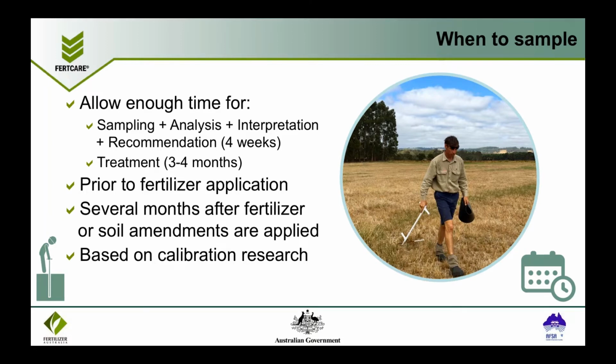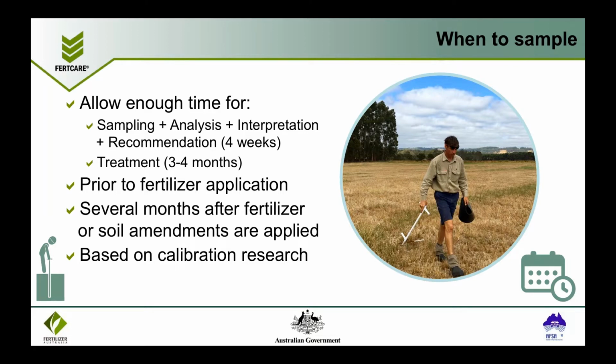Also, if you're looking to assess the effect of some sort of treatment, you may have to sample well in advance of wanting to see those treatment effects, and there may be a 3 to 4 month window to account for those sorts of effects to take place.